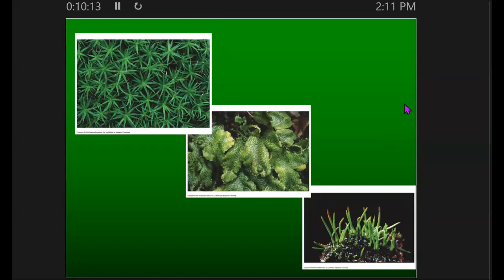Okay, so hopefully you did get a chance to see some mosses in lab yesterday. Really marvelous little plants that mainly, when you think about all these bryophytes, because they don't have that vascular system, that's one huge reason why they're so petite, small.